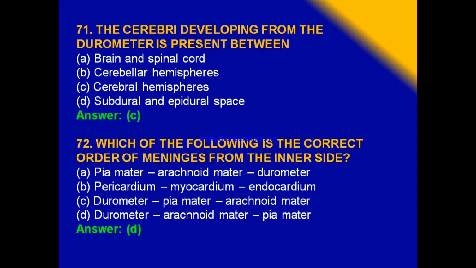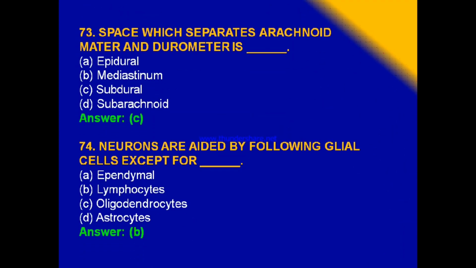Now 73 question. Space which separates arachnoid mater and dura mater is epidural space, mediastinum space, subdural space or subarachnoid space. So the answer is subdural space. 74. Neurons are aided by following glial cells except for ependymal, lymphocytes, oligodendrocytes or astrocytes.